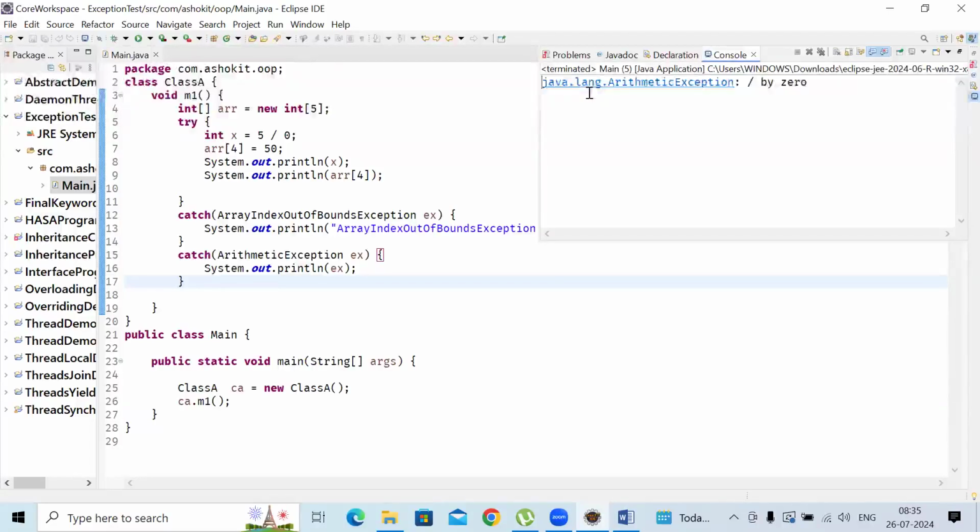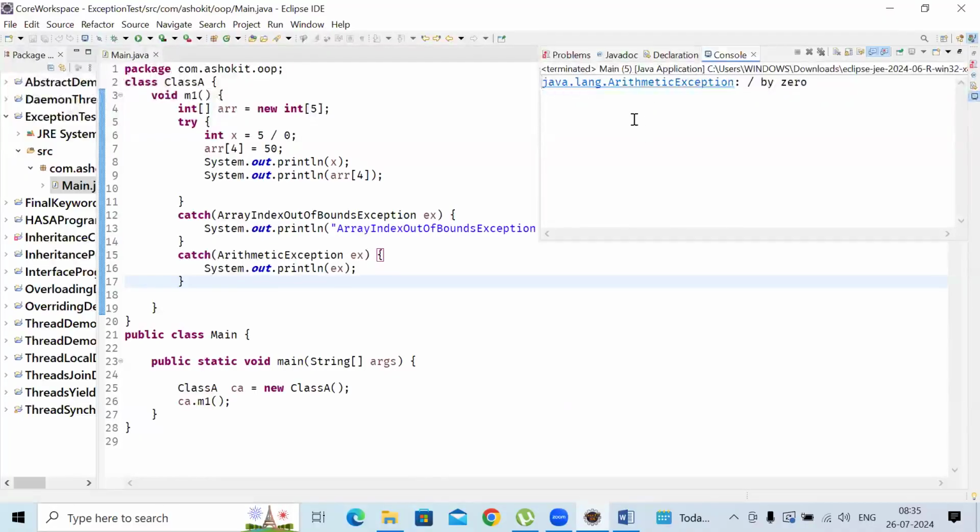All these classes are from java.lang package. java.lang is a default package, which means you need not import the java.lang package.